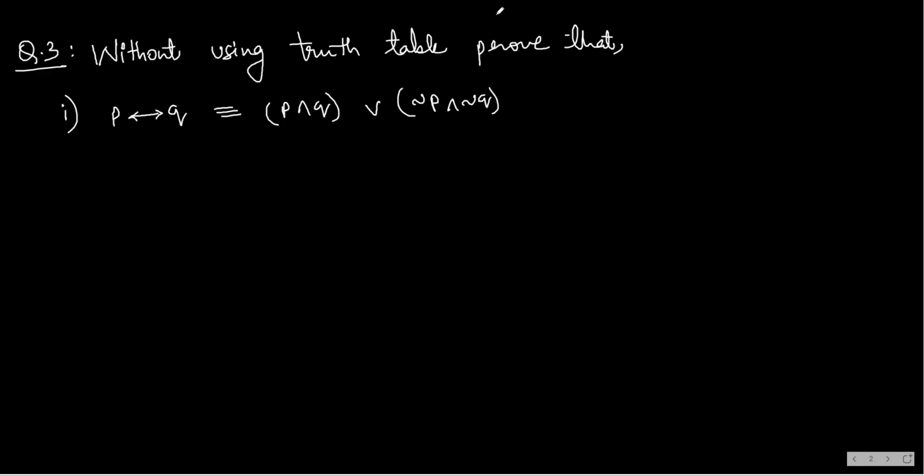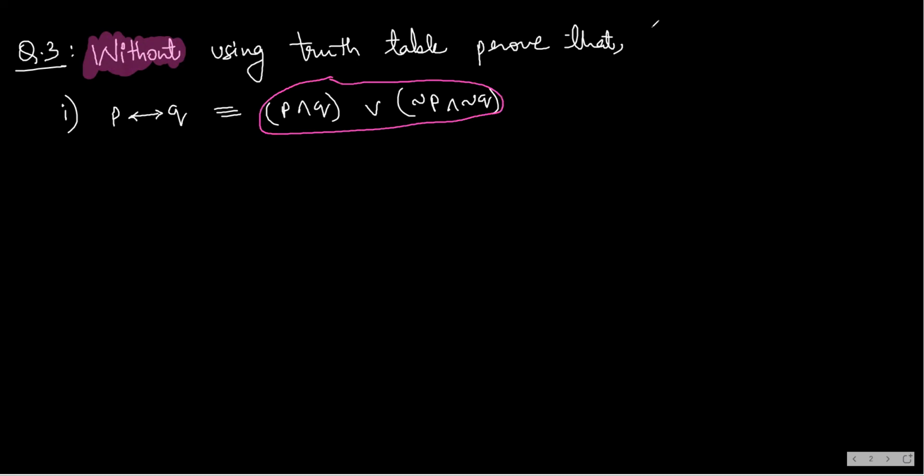What kind of problems are those? Check. The question says, without using truth table, prove that. We are not allowed to use the truth table. So let's begin with the first one, where we have to prove that P double implication Q is logically equivalent to this.